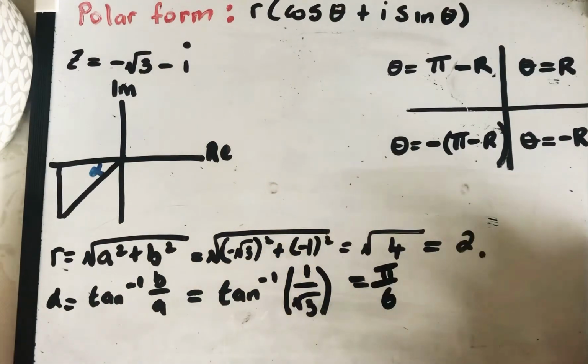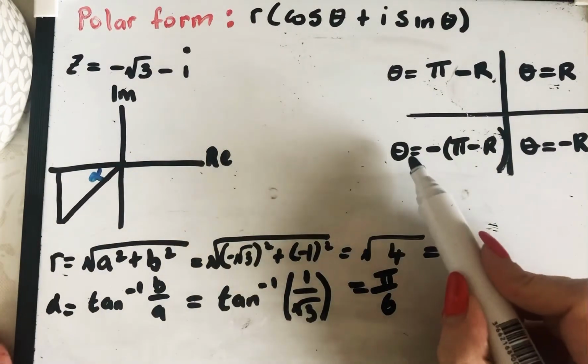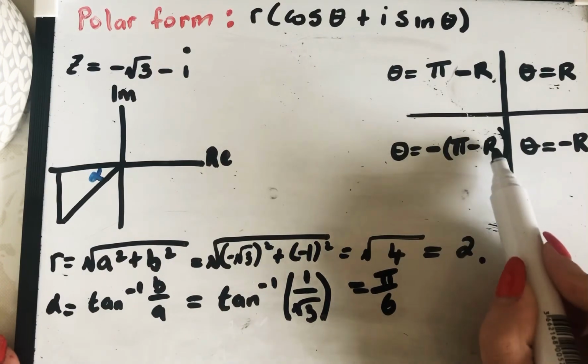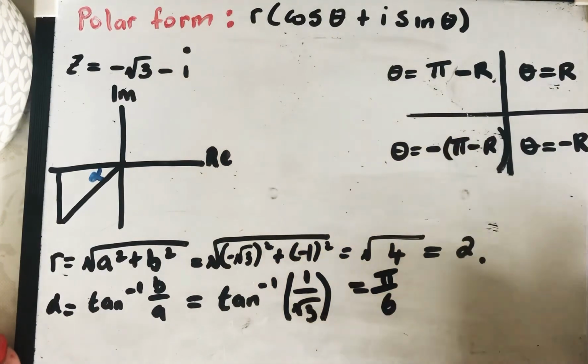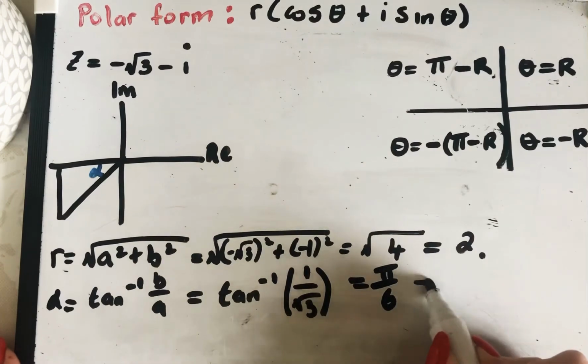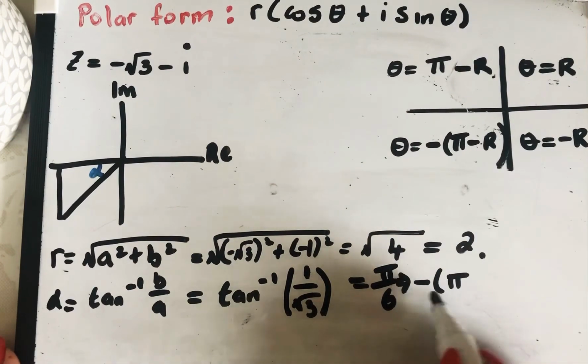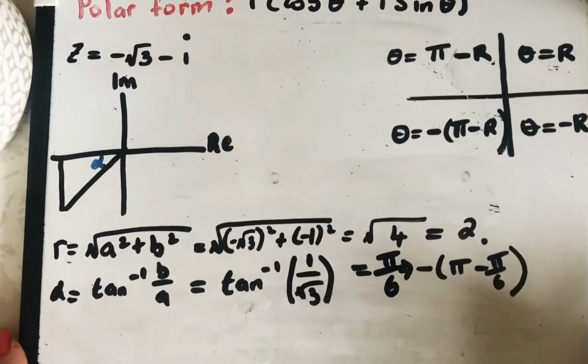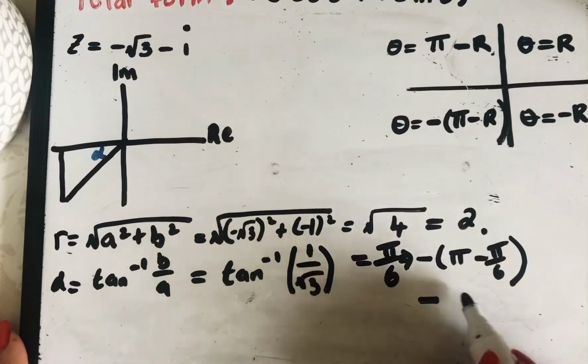Now, let's look at our rule. Well, the rule is theta is equal to minus pi minus alpha, our reference angle. So let's carry out this. So we have minus pi minus pi over 6. When we do this out, we'll leave the minus here for the moment.